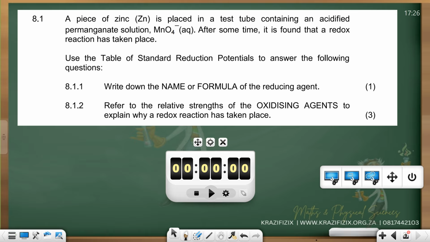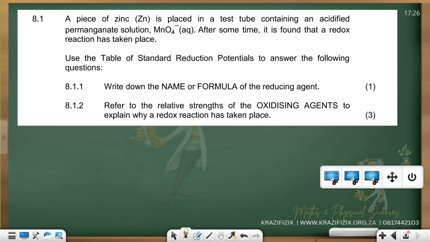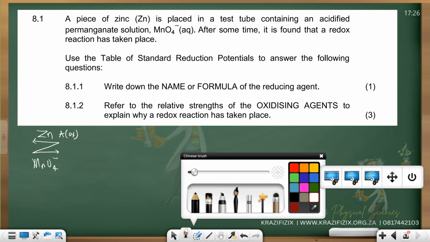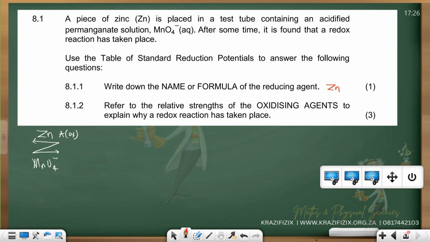Zinc is on top. So zinc would be oxidized. So if you check your table, you have zinc on top and you have permanganate ion at the bottom. So this is the anode and this is oxidized. Whatever is oxidized is your reducing agent. So 8.1.1 is zinc.